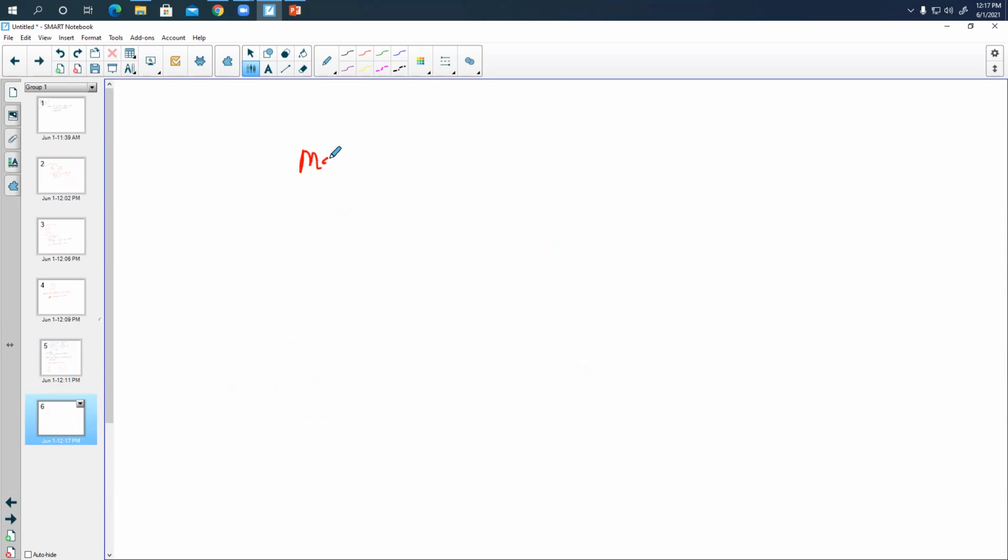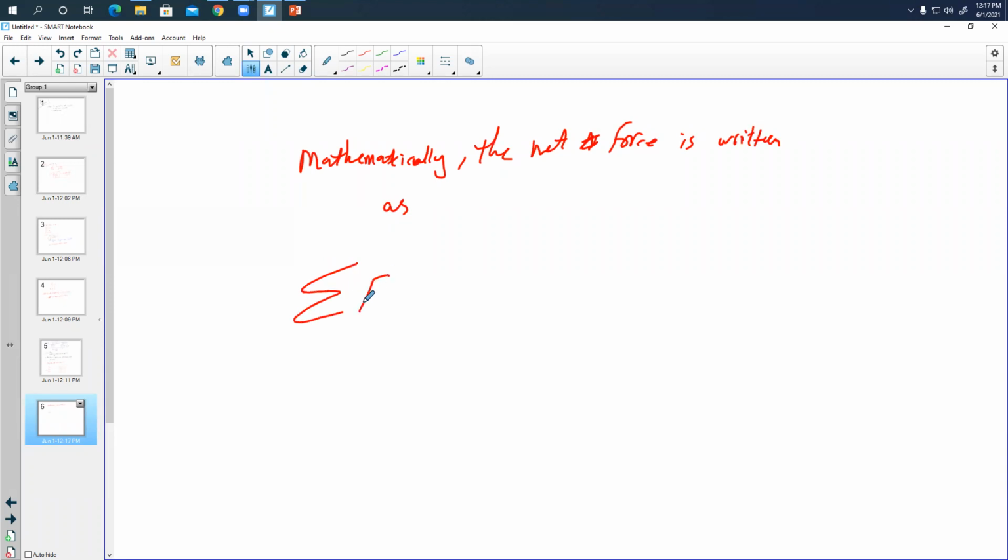So mathematically, the net force is written as your sigma x forces.